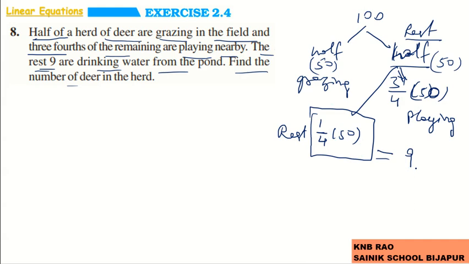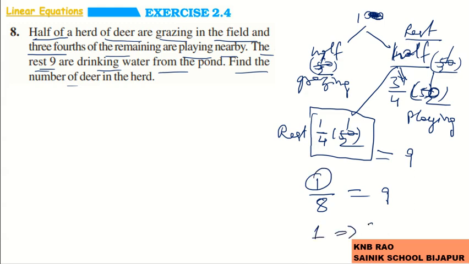So which number suits this 9? Either you can take the whole as 1, so half is grazing, the rest is half, and 1/4 of half is 9, which is 1/4 into 1/2, that is 1/8 equals 9. That one part equals 8 into 9, that means 72 deer are there. This is the shortcut way of telling.